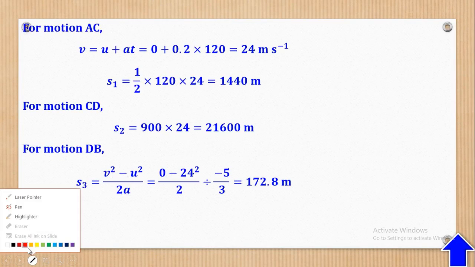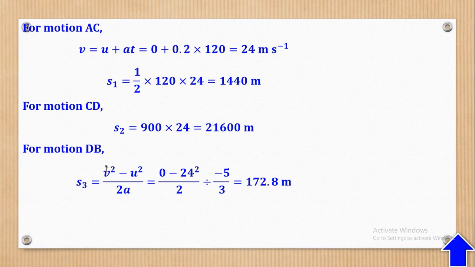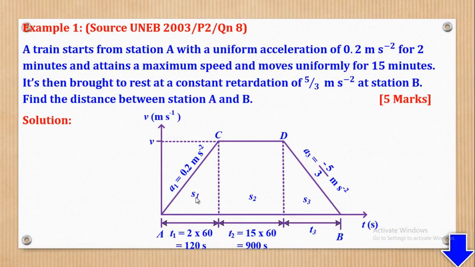Now V was 0, because final velocity, initial velocity was 24, and acceleration was negative 5 over 3. So when we use a calculator, we shall come up with S3 being equal to 172.8 meters.